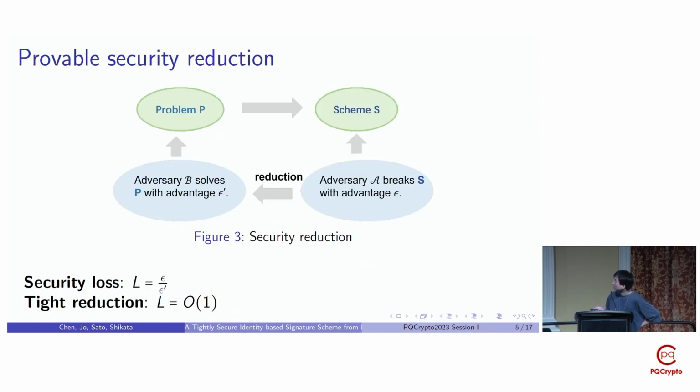Here, tight security reduction means that when an adversary A breaks scheme S, it is reduced to an adversary B solving problem P, and the security loss is a small constant.